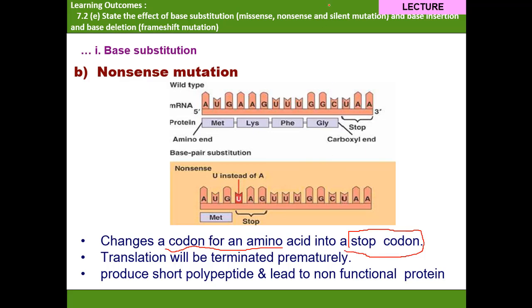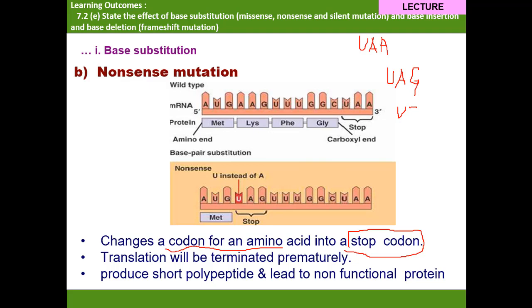If you still remember, in topic 6, there are 3 stop codons, which are UAA, UAG, and UGA.